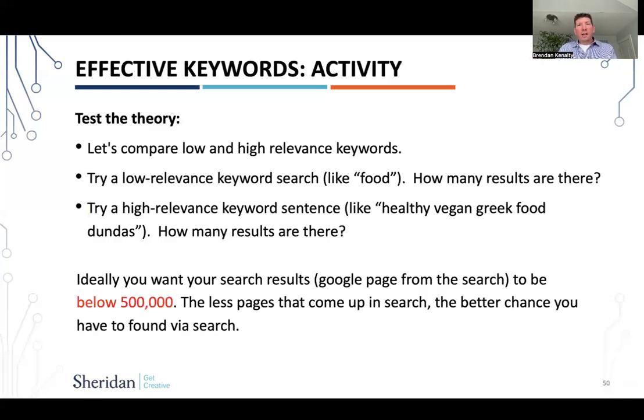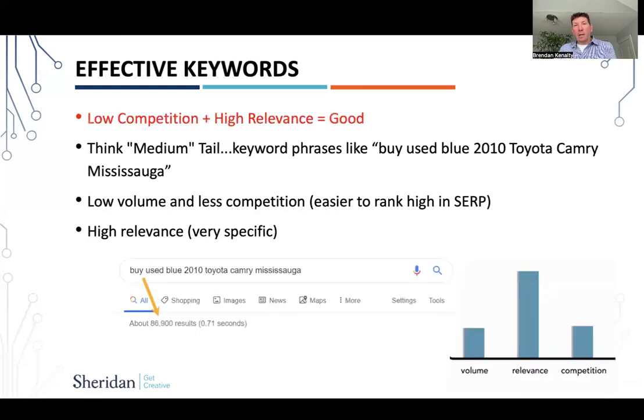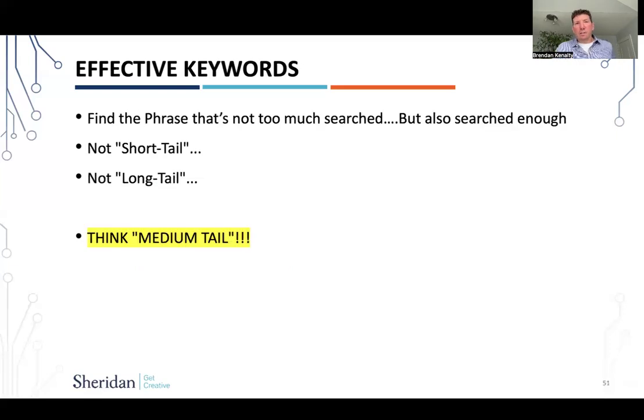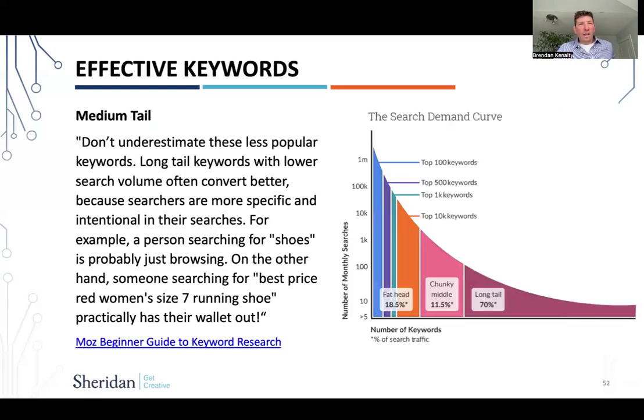Like if we go back to this one, how many people are actually going to type in buy used blue 2010 Toyota Camry Mississauga? Not very many. So you want to open the door enough for enough people, but not too many where you're not able to really deliver on it. And again, just some more thinking on this kind of medium tail idea, right?